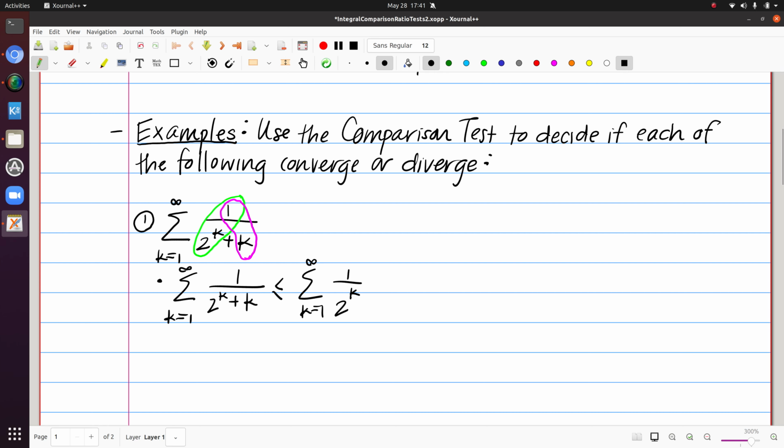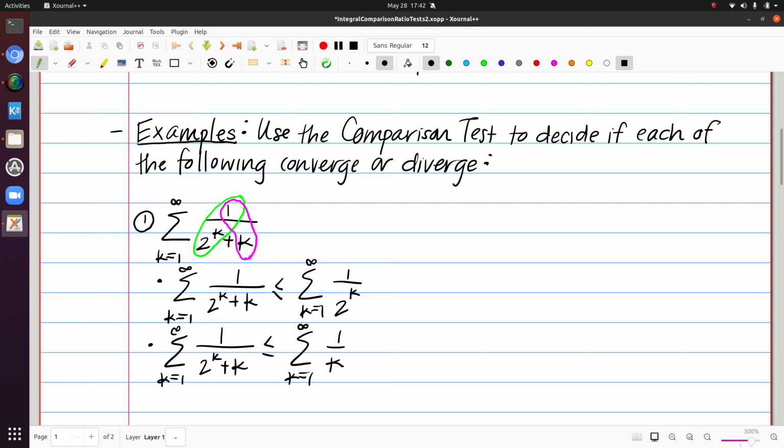So consequently, the inequality will face this way. If I do the same, where I instead compare my original series to the sum of 1 over k, the same inequality holds true here because, again, my denominator on the left is larger. So both things that I circled there really provide us with something larger than what we started with.